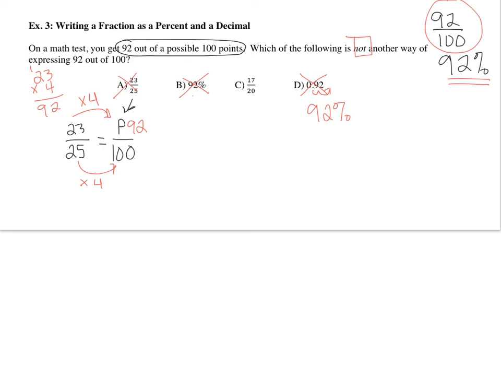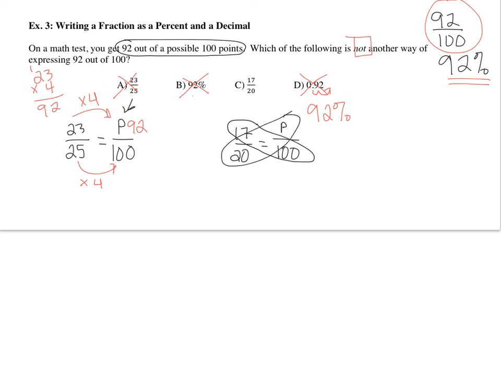Process of elimination here means that 17/20 has to be not equivalent to 92%. But let's go ahead and figure that one out. So 17 out of 20, trying to figure out what percent that is. So gotta put in something over here for 100. Now you can do your cross products or your mental math.